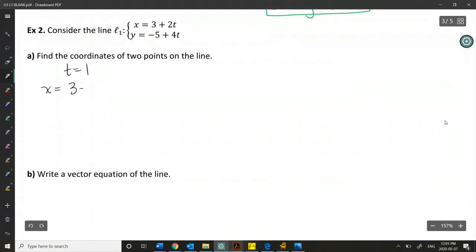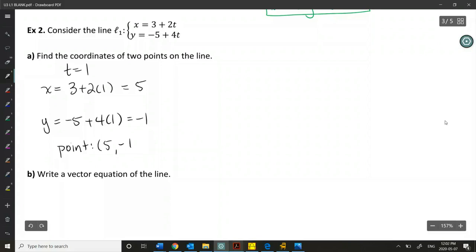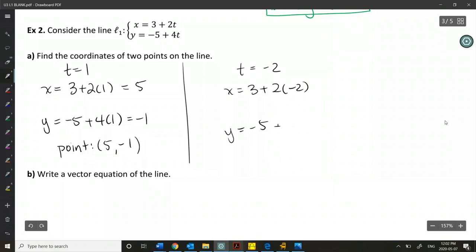This is going to generate a point x using the first one, and its y coordinate using the second parametric equation here, and that will generate a point on the line (5, -1). So here's a point on the line, and you can choose really anything for t. Let's say maybe we choose -2 for t, as long as you make sure that you plug in the same thing into each of those to get your point.